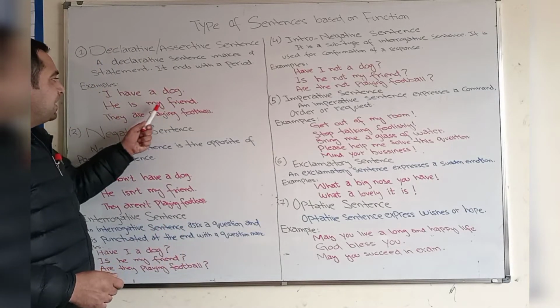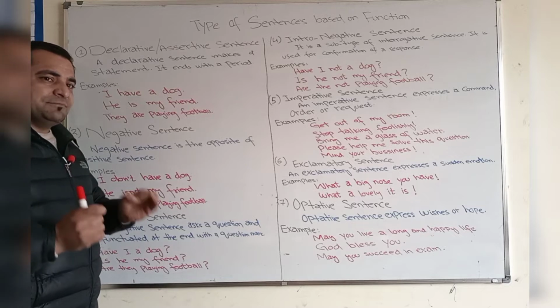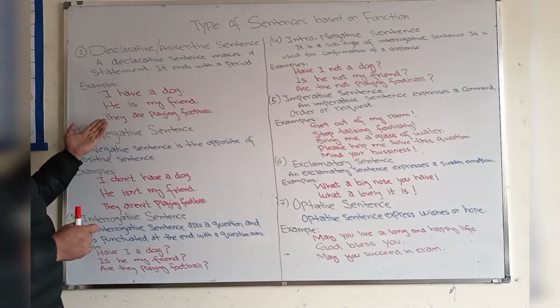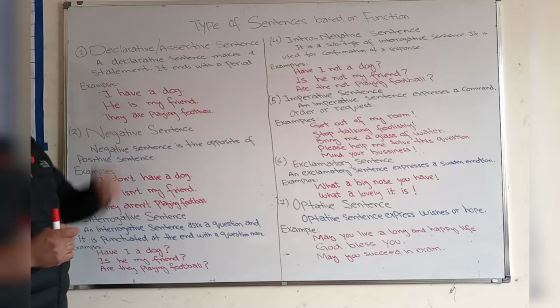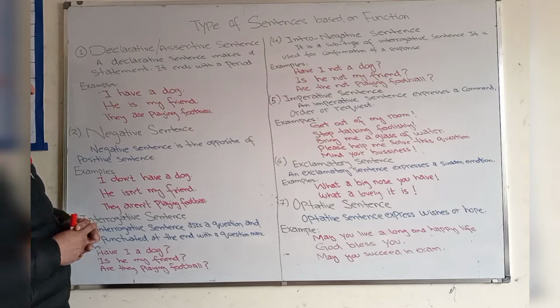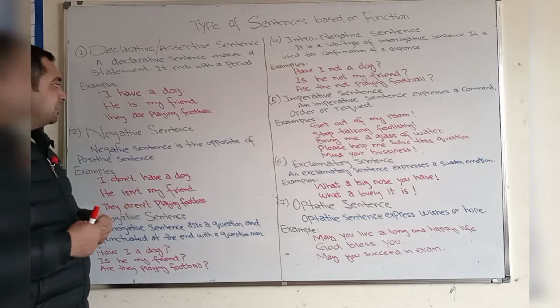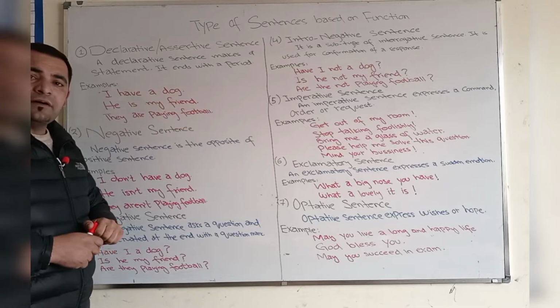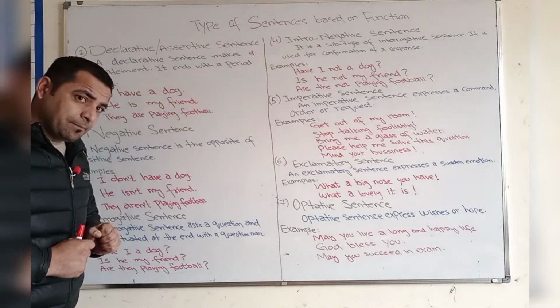He is my friend. He is my friend is also a declarative or an assertive sentence. They are playing football. Now, in all three sentences, we see that a statement is being made, and all the sentences conclude with a period or a full stop, right?